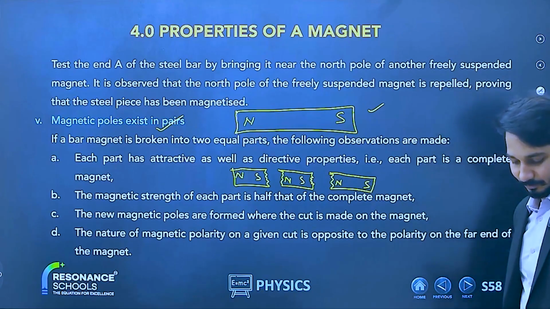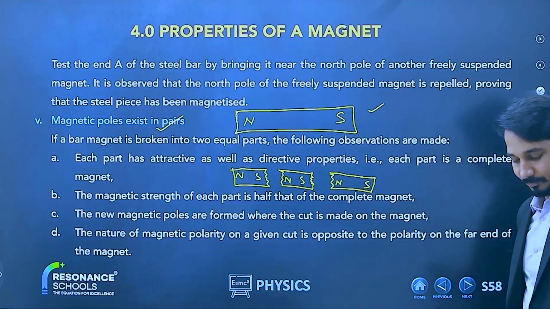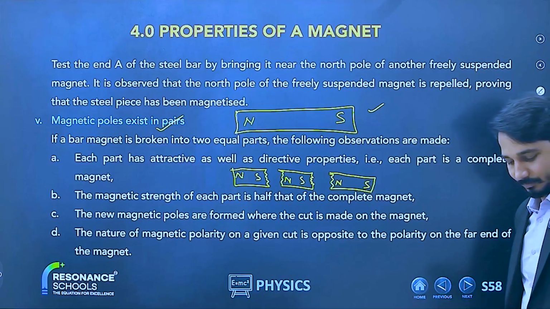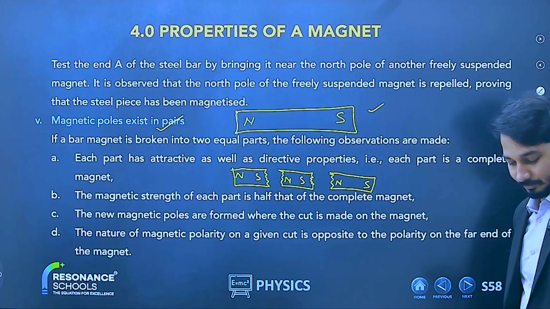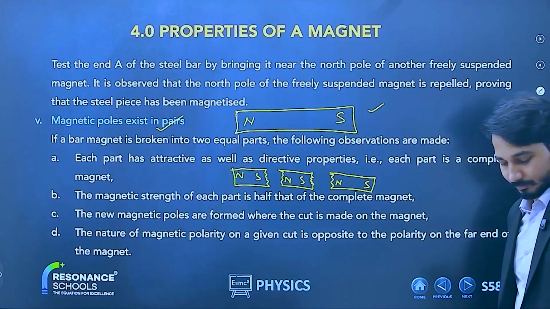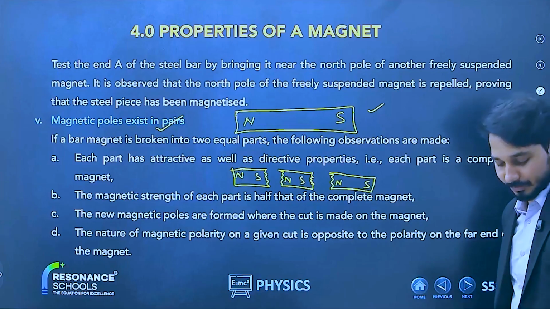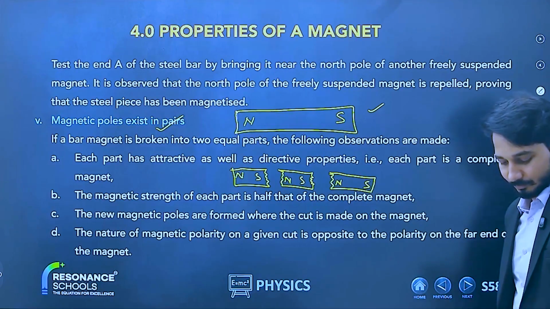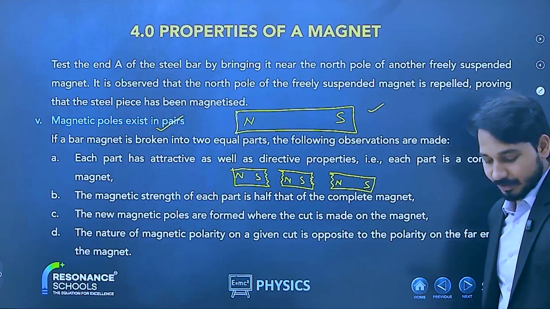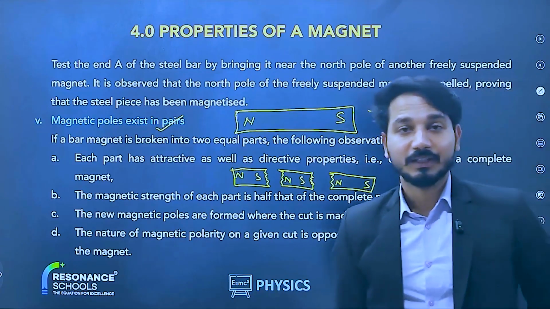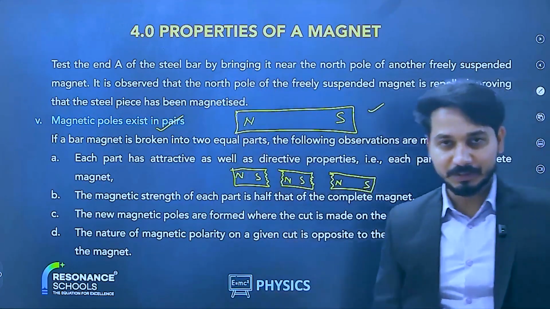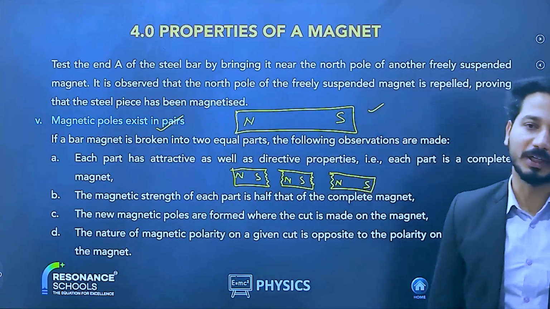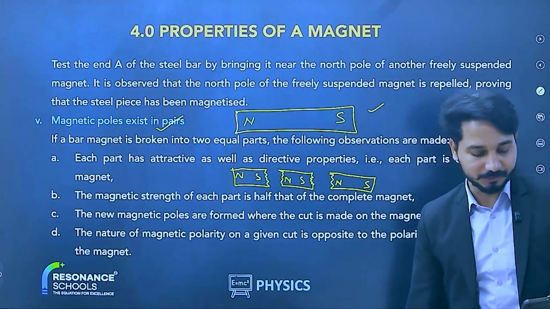It's done. Done. Yes, Sarchika, I can see your chat. Yagnesh is asking the portion of the exam. Till here, till properties of magnet. This is the portion of your exam. So let me finish it fast, write fast and let me finish.